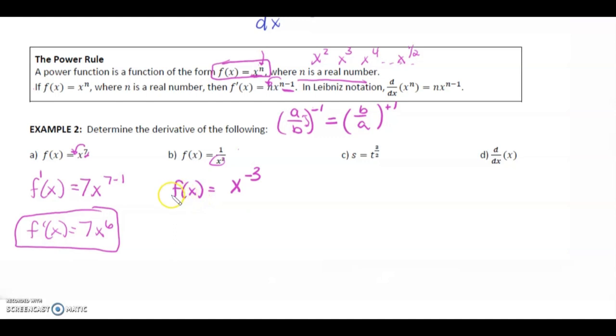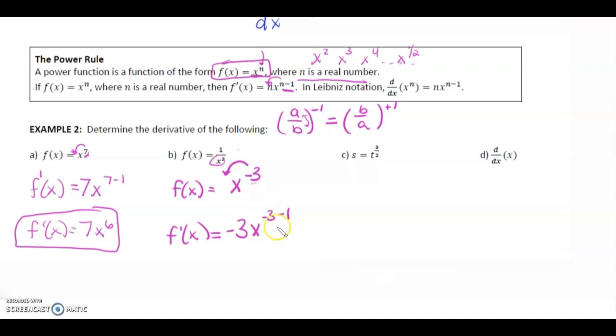So now that we're working with f at x equals x to the negative 3, in order to find the derivative, we're going to bring down this exponent to where the coefficient is. So we have negative 3, and then we're going to have x, and then negative 3 minus 1.